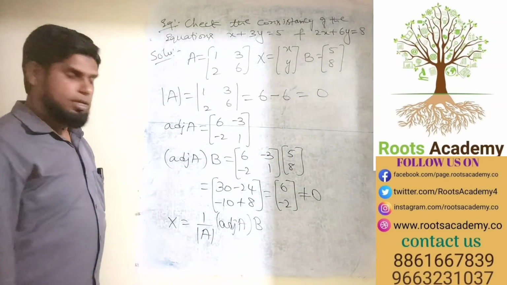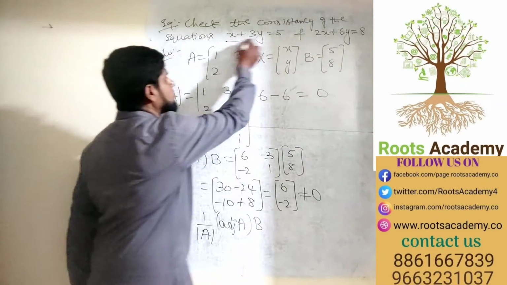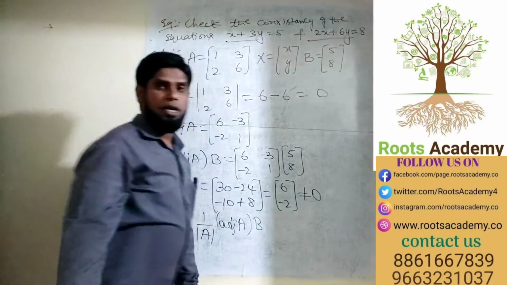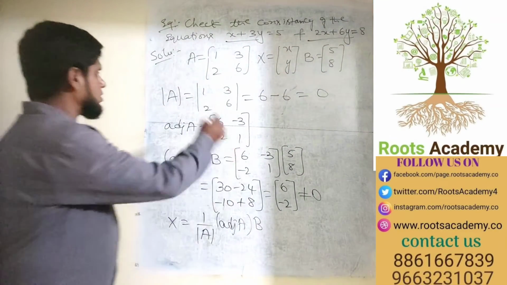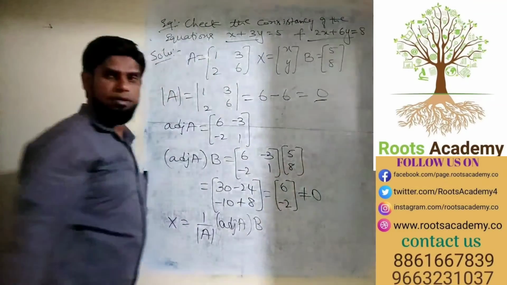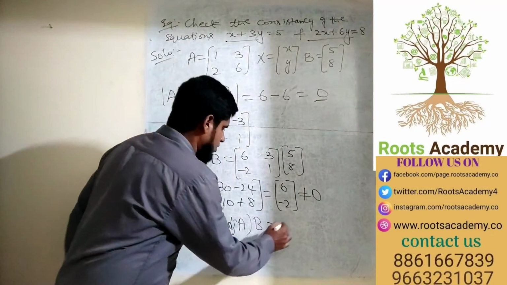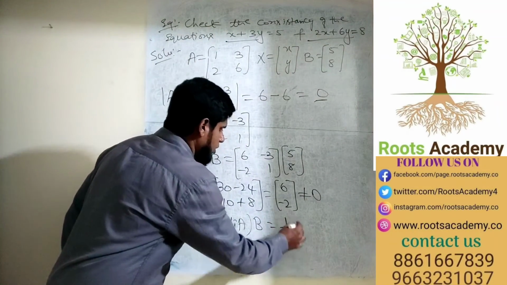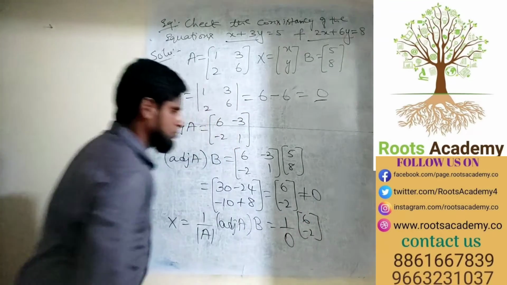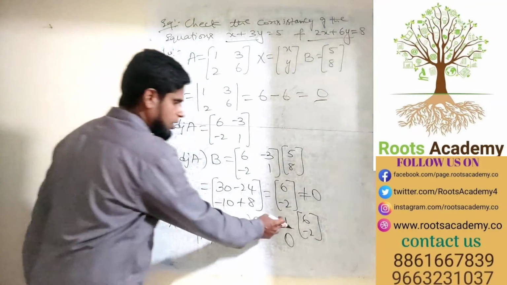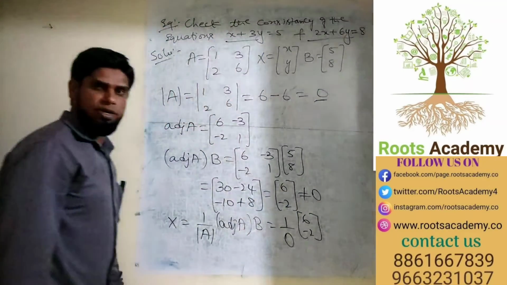So that means the given system of equations does not have any solution, because determinant is 0 here. So I will substitute the value 1 divided by 0 into 6, minus 2. See, anything divided by 0 is infinity, not defined.